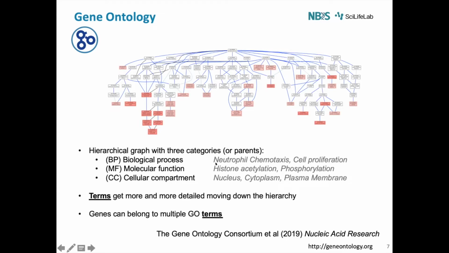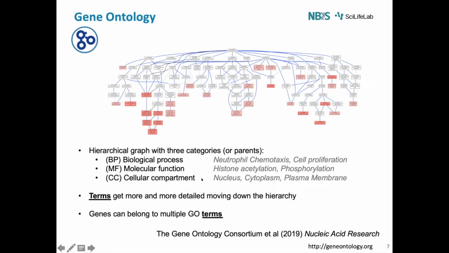Molecular function relates to the really molecular part of that protein. So acetylation, phosphorylation, and such functions, adhesion and so on. It can be many different ones. And cellular compartment relates more to where that protein is actually present in a cell, or could be present.